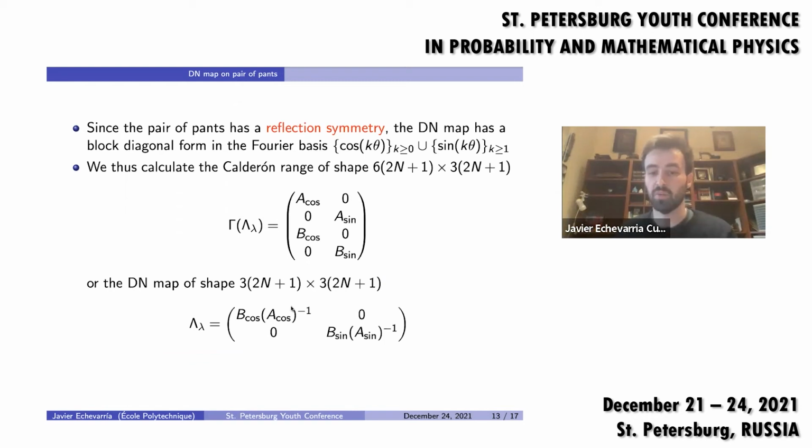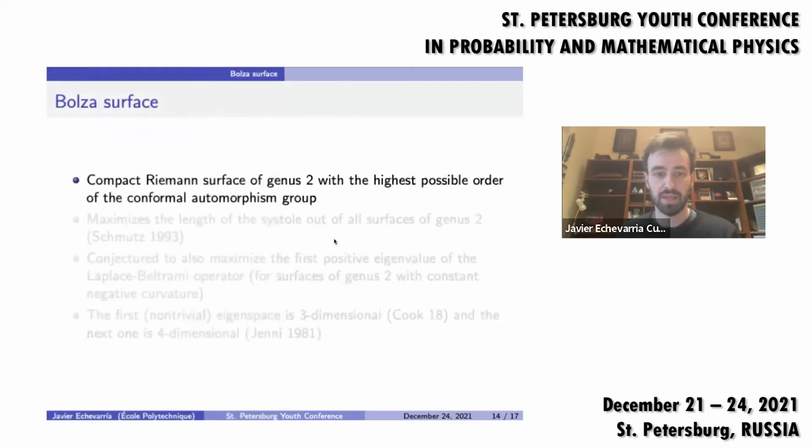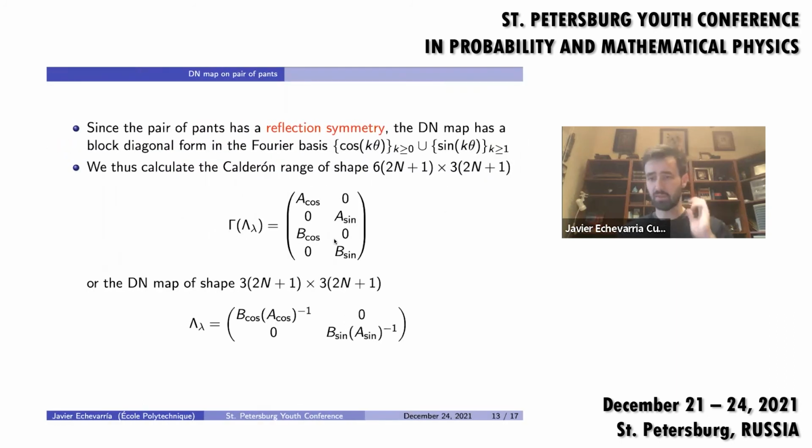This thing is not very well behaved on the bottom, because as I was explaining, when you have lambda very close to an eigenvalue, these things might not be invertible. And so this, it's nice to have when we're outside, but what will really be useful to find the eigenvalues themselves is the Calderón range. It's this first matrix. And yeah, so that's it for the algorithm.